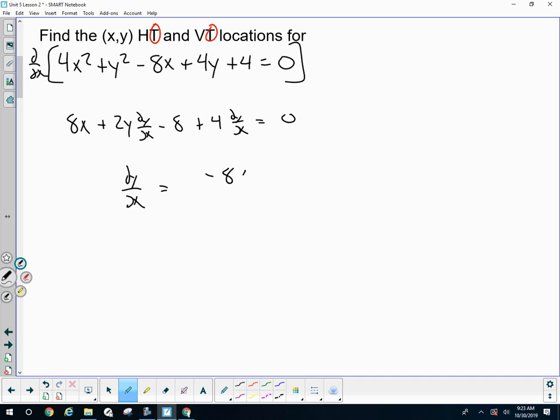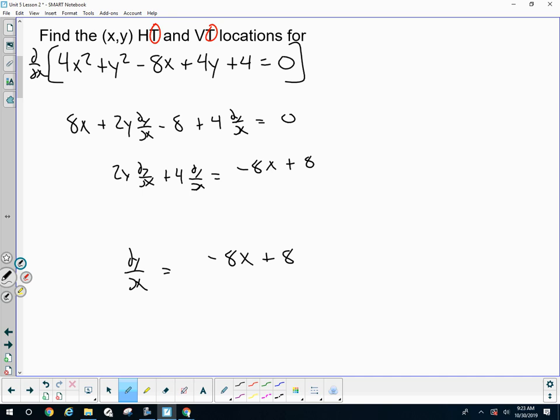I'm going to subtract the 8x. I'm going to add the 8. I probably should show the work. Minus 8x plus 8. I'm going to factor out the dy/dx. And then I'm going to divide. Okay, cool.